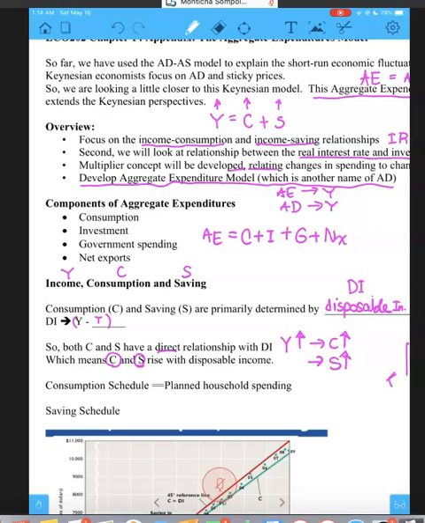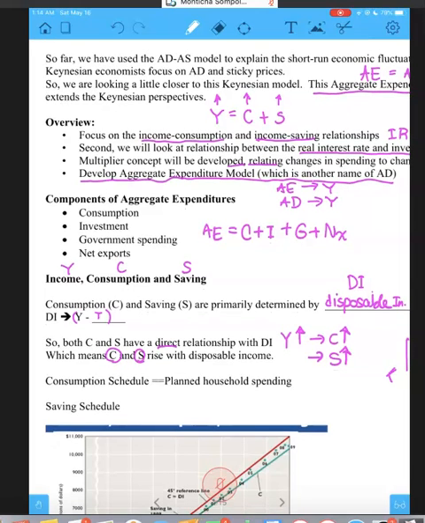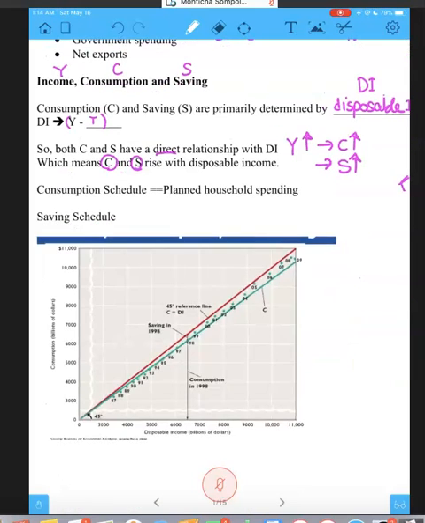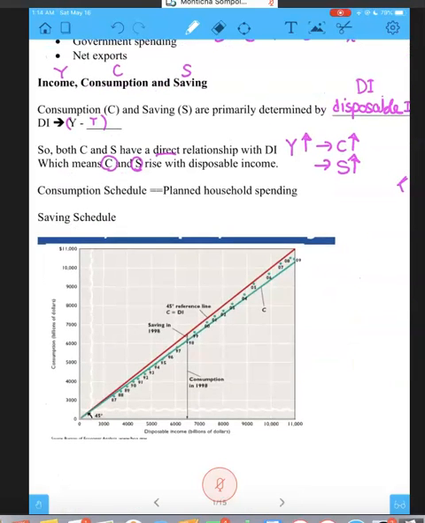Okay, so what we're going to do next, we'll be looking at the planned household spending. How much household plan to spend, right? So depending on how much money they have. So what I want to show you next is this red line. This is a 45-degree line.